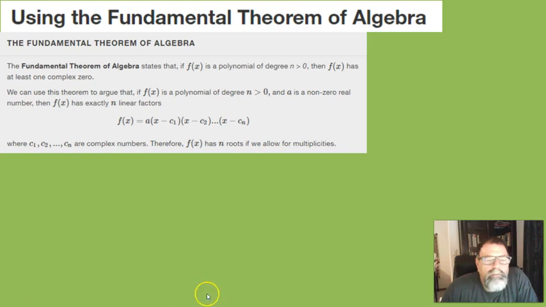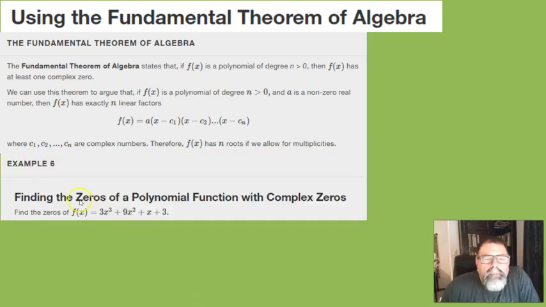So n roots. Okay, example 6, finding zeros of a polynomial function with complex zeros. So find the zeros of f of x equals 3x cubed plus 9x squared plus x plus 3. So what we're going to do is look for rational ones first. So we're going to look at possible p's over q's.